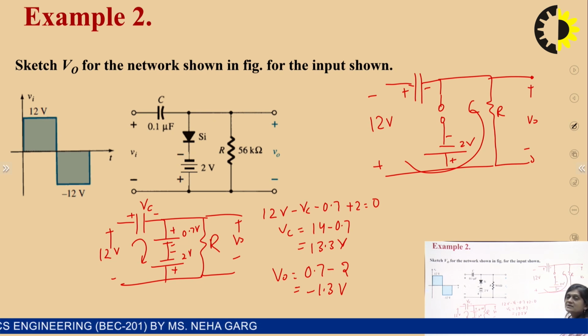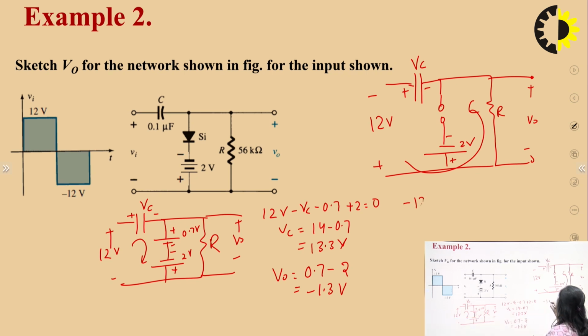Now we will apply the KVL here. So we can see minus 12 minus VC is equal to V0. So V0 would be equal to minus 12 minus VC. Now we will put the value 12 and after that 13.3.